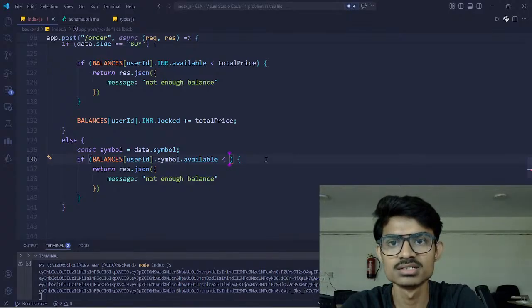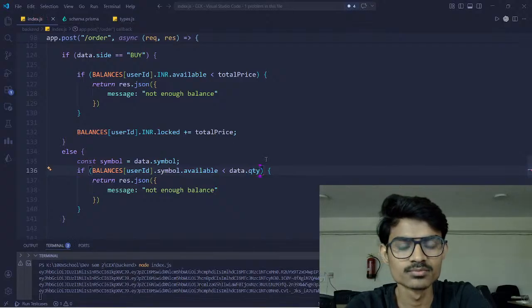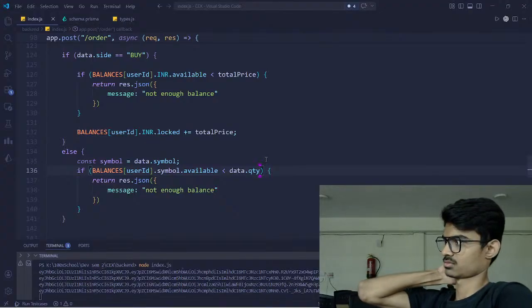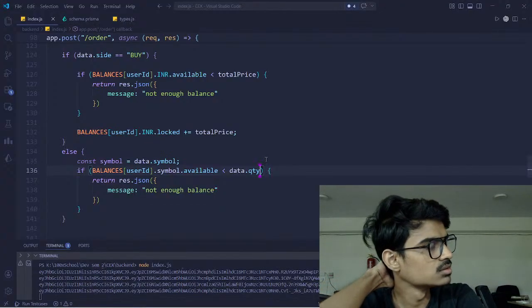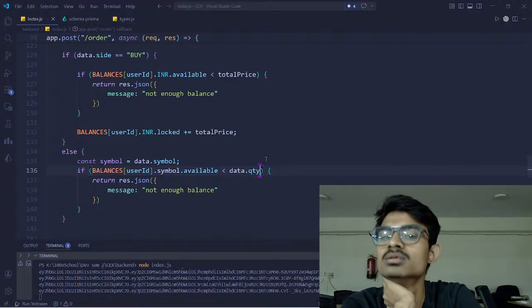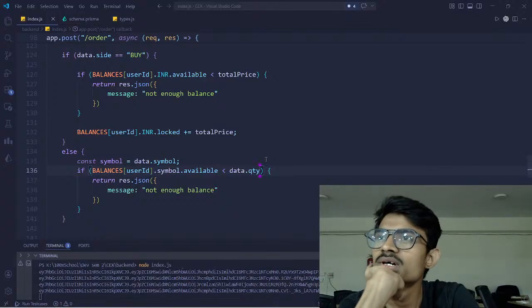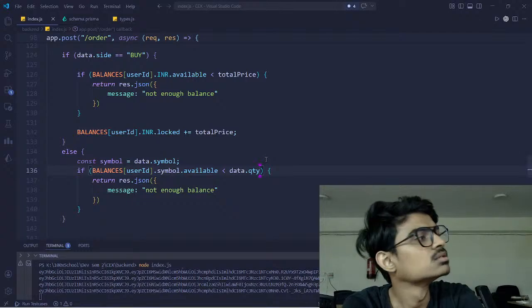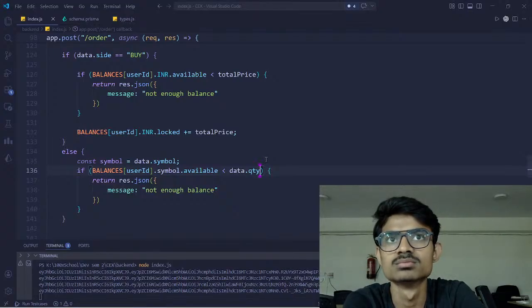Just compare the quantity, data.quantity. The price at which I want to sell and the quantity I want to sell. I just want to have the quantity, right? I can sell at whatever price I want to.